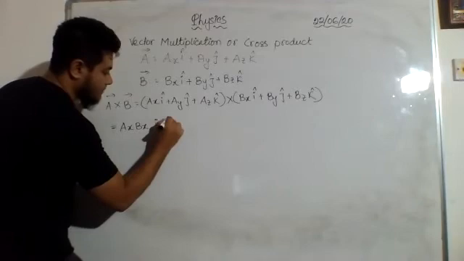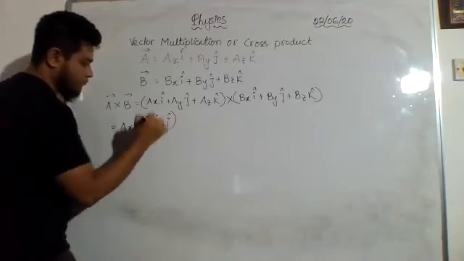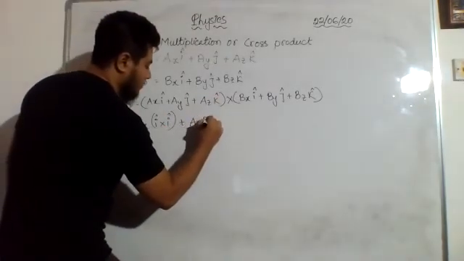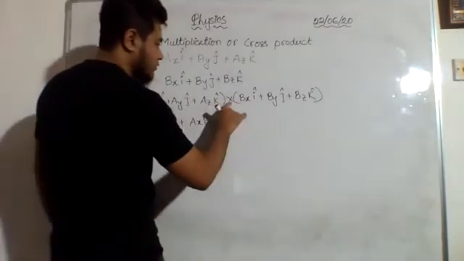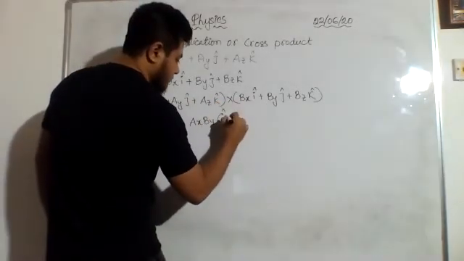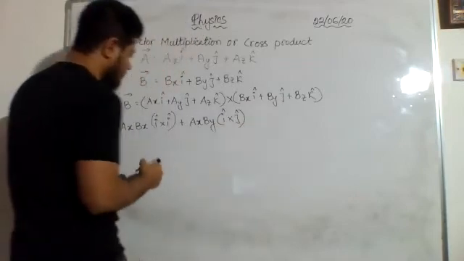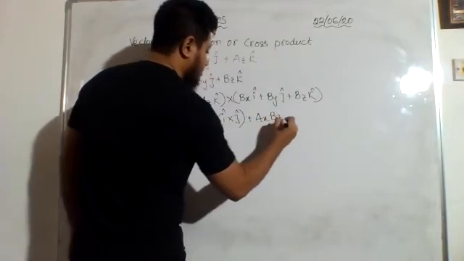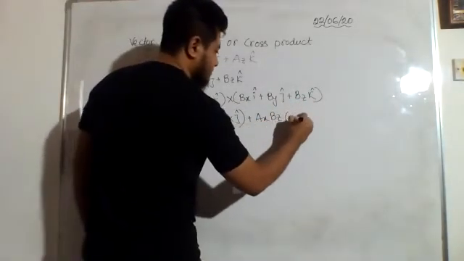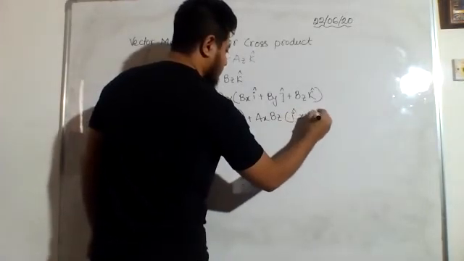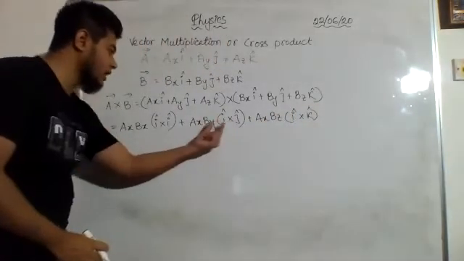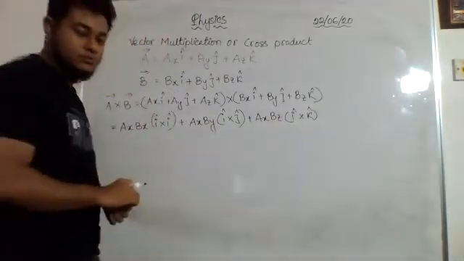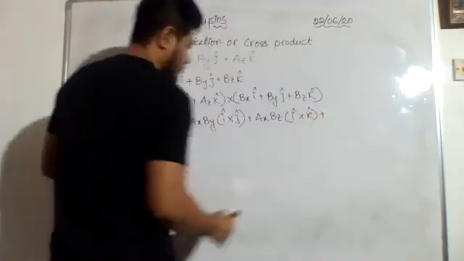See, AX i into BX i, so here I will write AX BX and then i cross i, plus AX into BY, AX BY, then i cross j. Then AX into BZ, AX BZ, i cross k. For these, i cross i, i cross j, i cross k, those are important, which I already showed you.